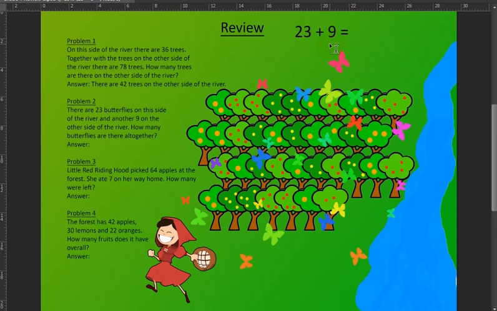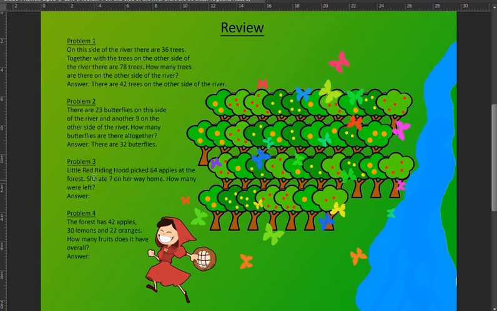So I'm going to say 24, 25, 26, 27, 28, 29, 30, 31, 32. So this addition makes 32. So my answer should be there are 32 butterflies.